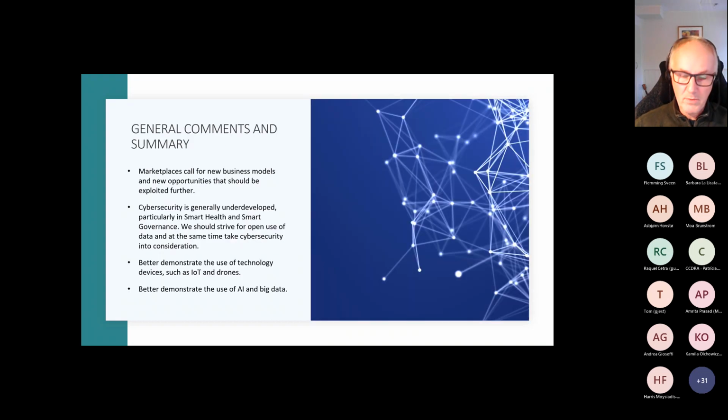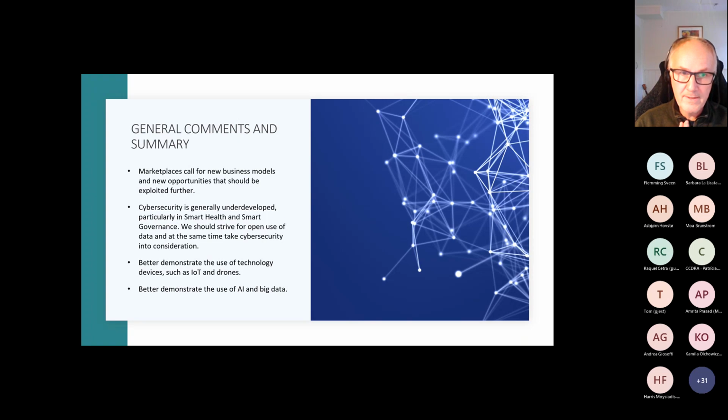And then finally, these are just some general comments and summary. Marketplaces, I have not talked much about marketplaces, but marketplaces are important for rural. It's a cross-sectoral domain. It can be used for many domains, and this calls for new business models and new opportunities that we should try to exploit as much as possible.